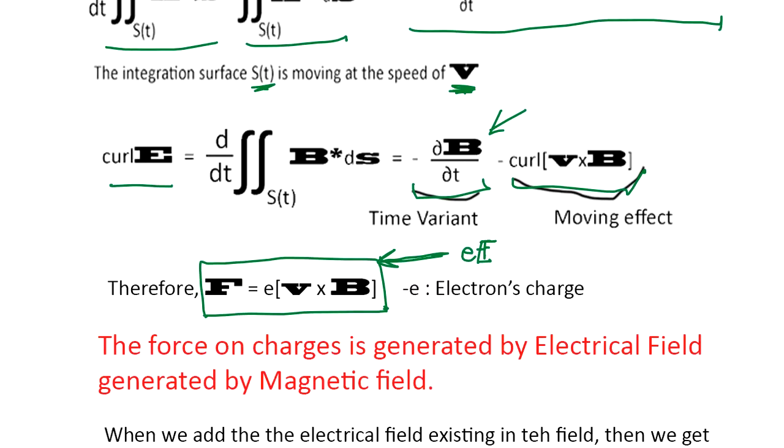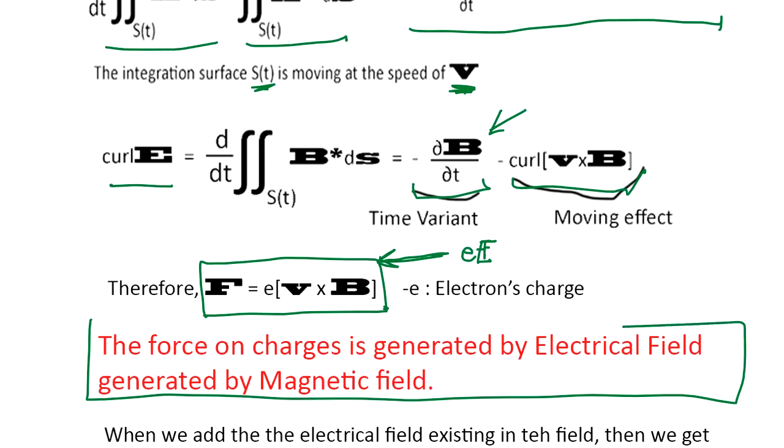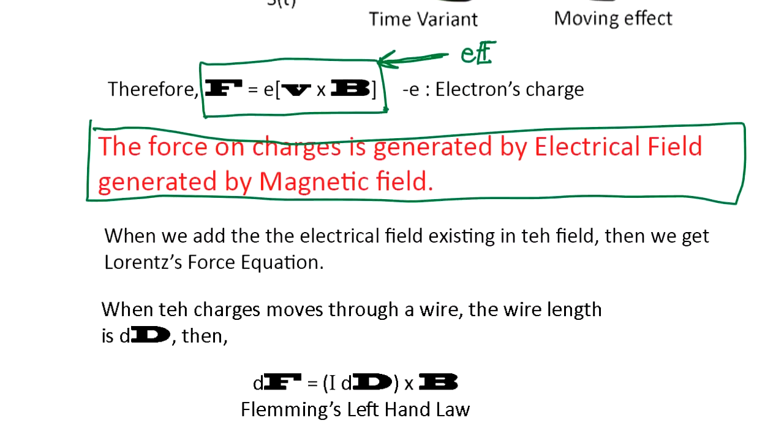So here, the force on the charge is generated by an electric field, which is generated by a magnetic field. So there's no such thing as an electric charge directly interacting with a magnetic field. So that's the important thing.